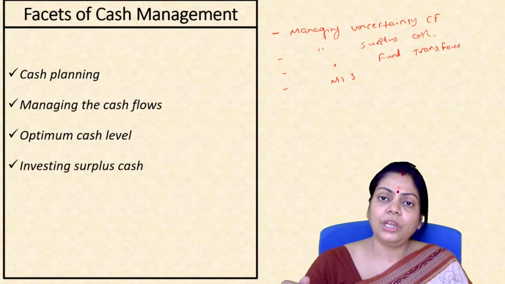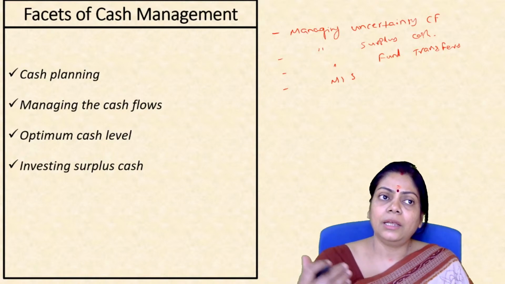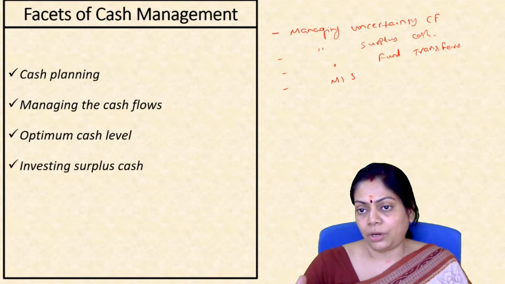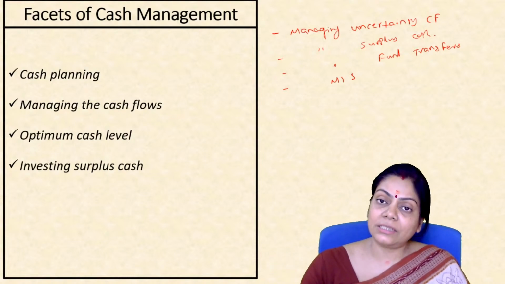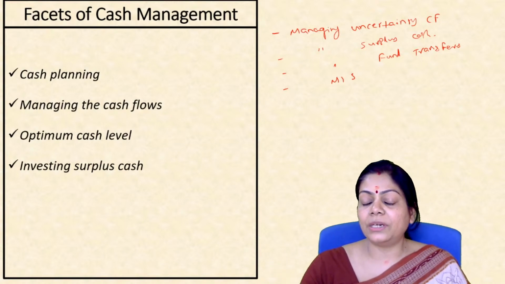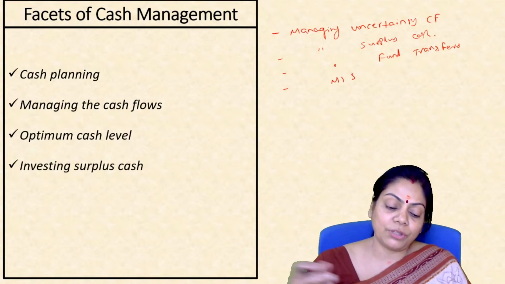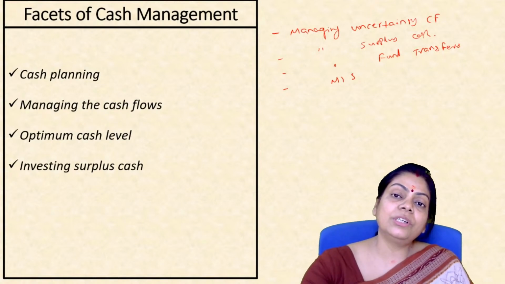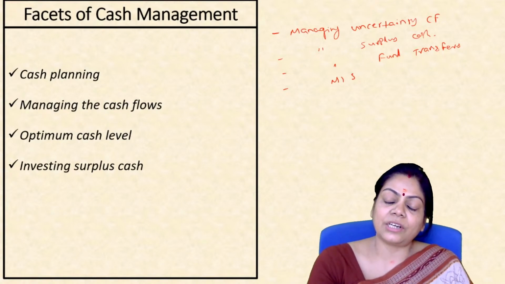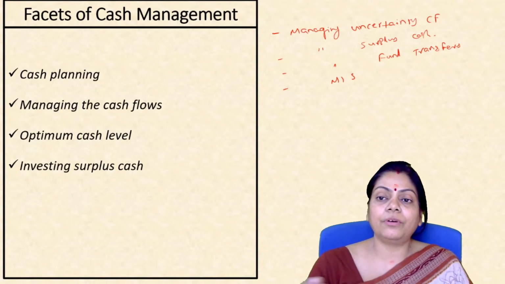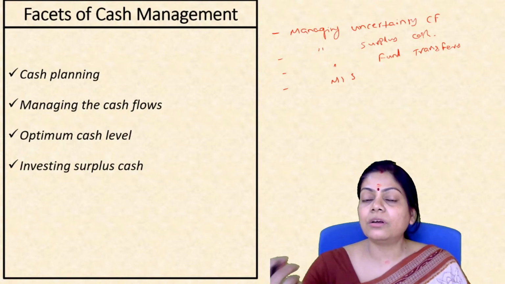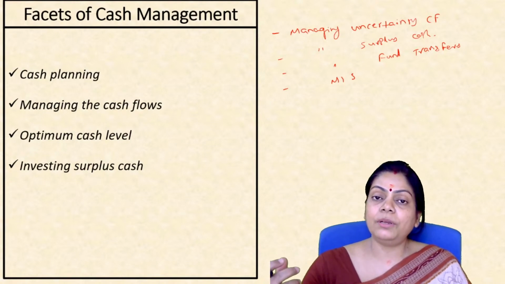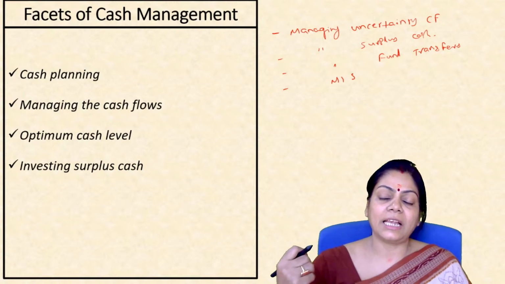Either you can invest, you can repay a loan, and every month the surplus cash can be used to pay the advance taxes, or to pay the dividends. So there could be several uses, whether it will be invested or used in some other business transaction. That can be seen if you have surplus cash and you know beforehand that this is going to be the surplus cash. That can only be found out through the planning and the budgeting aspect.